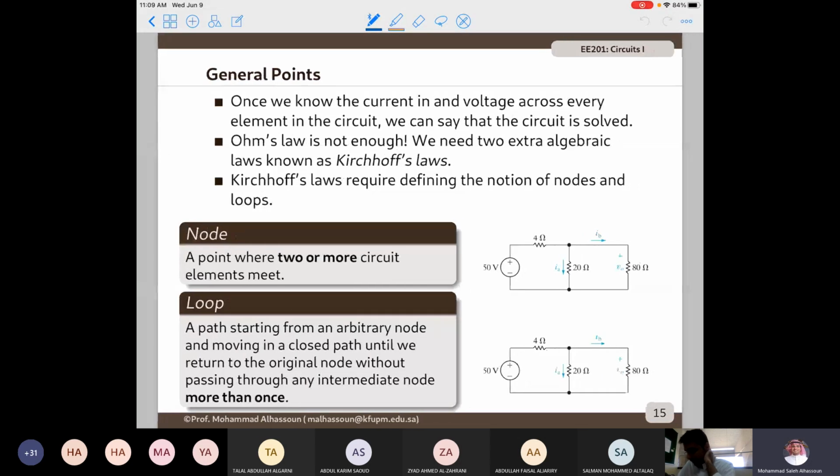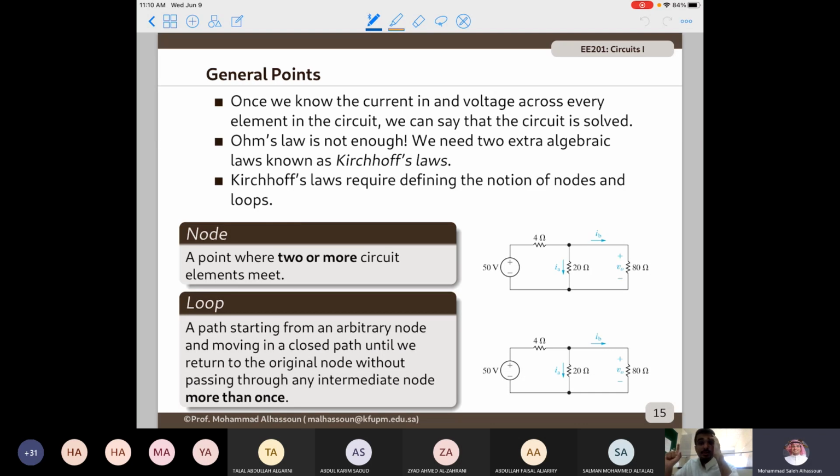Moving to Kirchhoff's law, if I ask you to solve a circuit, you need to find either the current or the voltage, or both. If you find the current and the voltage in every element, then you solve the circuit. Basically, you characterize it, you can calculate the power, and you can use it in any other system you have.